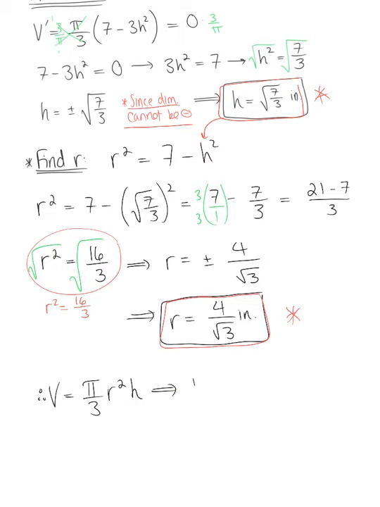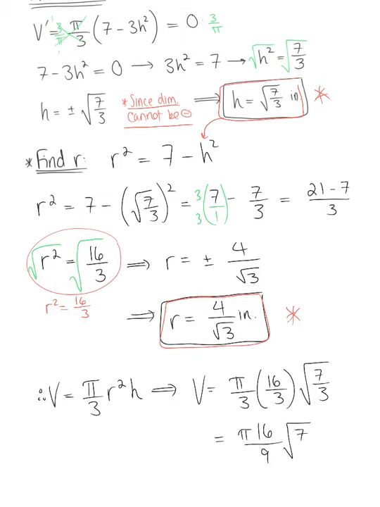So volume is equal to pi over 3 multiplied by 16 over 3 for the radius squared, multiplied by the height, which is the square root of 7/3. We're left with a beautiful final answer of pi times 16 all over 9 times the square root of 7/3, and this is in inches cubed.